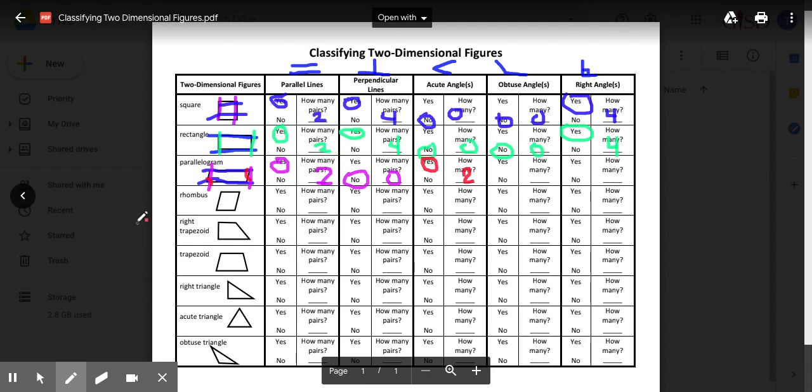And then the next one is how many obtuse angles? Well, there are 2 obtuse angles, the one up here in the corner and the one down in this corner, so the answer is yes. And the answer is 2. Well, I have 2 obtuse angles and 2 acute angles, so there are no right angles for this one.